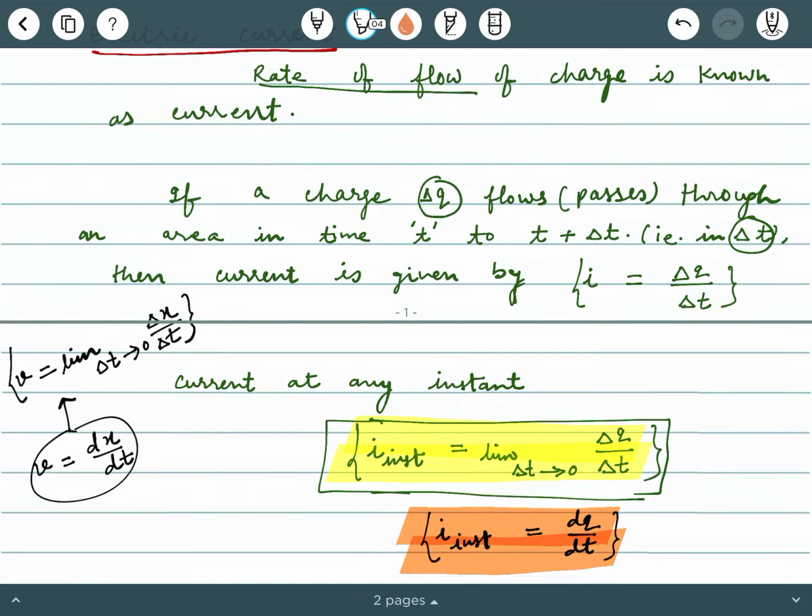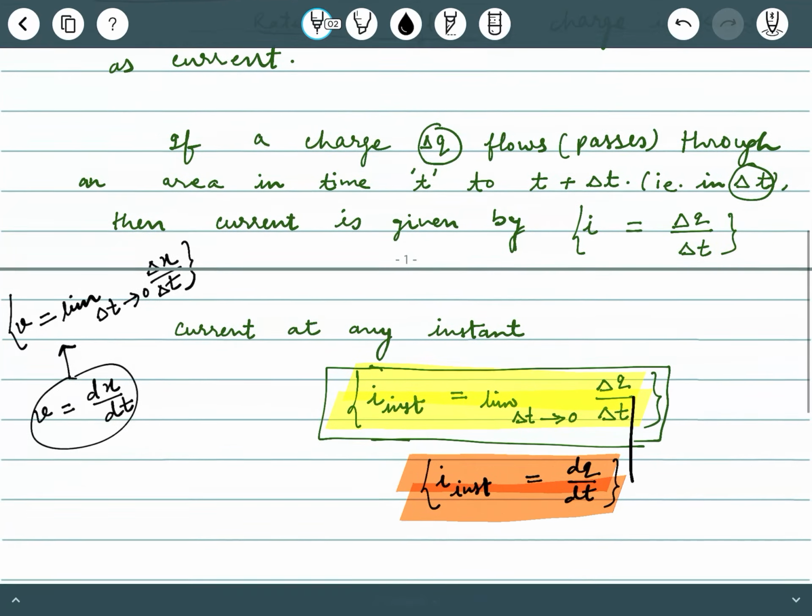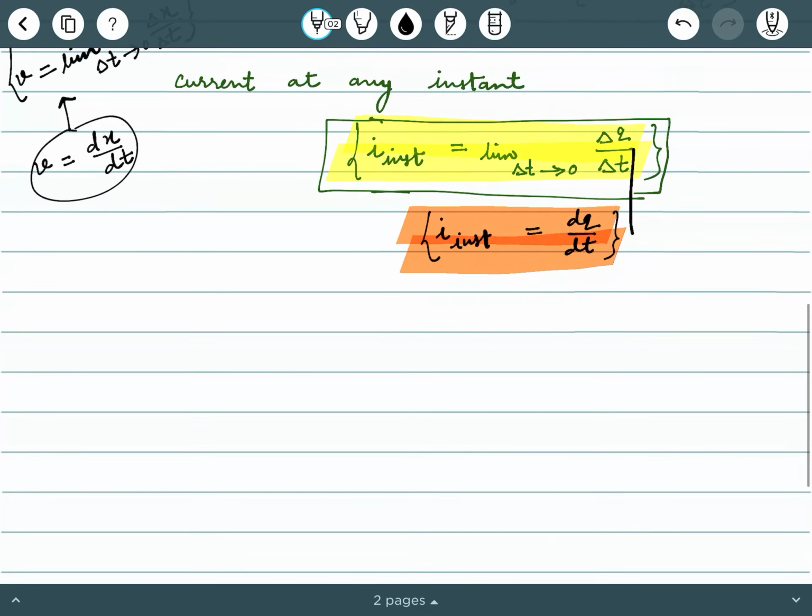Fine. So based on this formula, there can be some numericals as well. For example, I'll write a very simple numerical based on this. Let us say there is a flow of charge. Now an example I am sharing with you all.